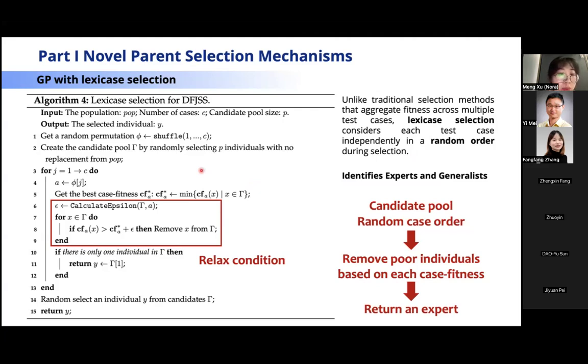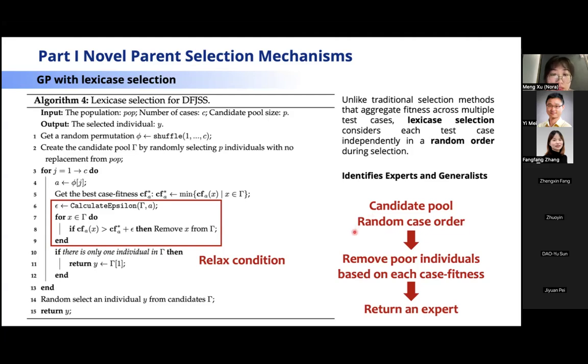And we propose to use the popular epsilon lexicase selection, that is to give some relaxation when removing individuals from the candidate pool. So the overall process can be summarized like this. Firstly, we get a candidate pool from the whole population, and then we randomly generate a case order.